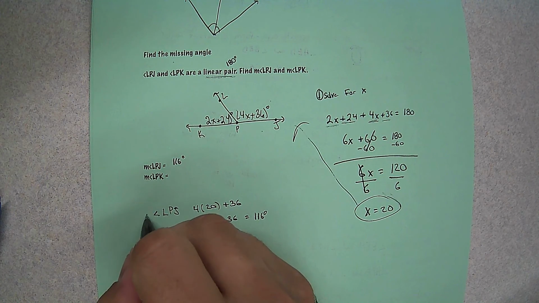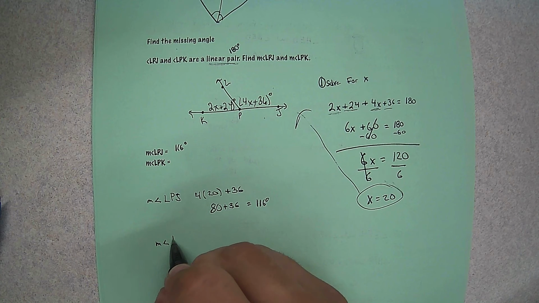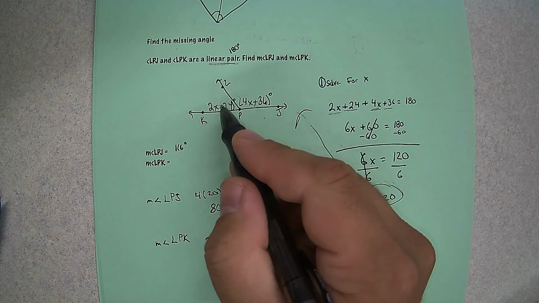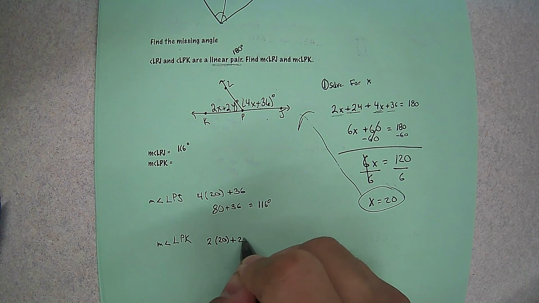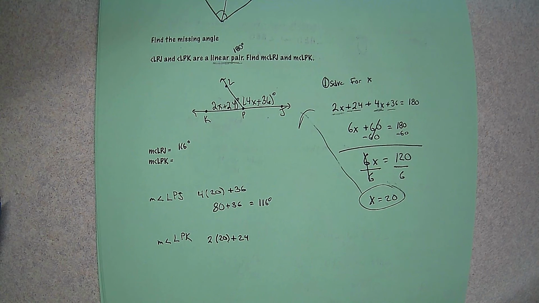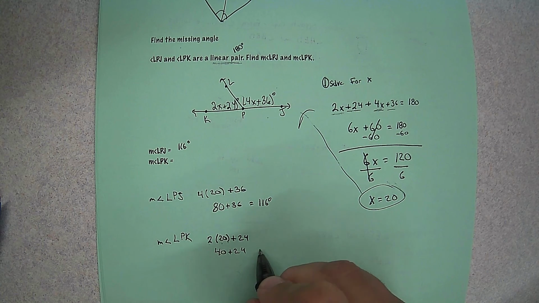Now to figure out the measure of angle LPK, that's going to be 2 times 20, because x is 20, plus 24. 2 times 20 is 40, plus 24 is going to give us 64.